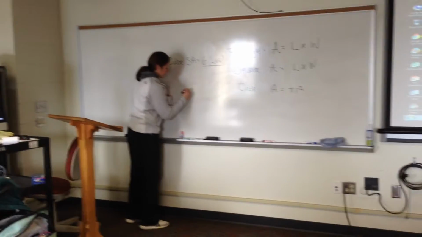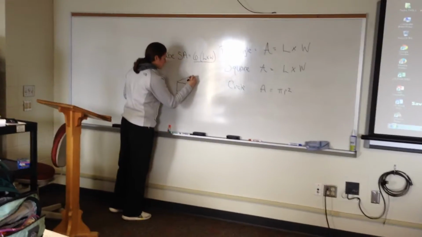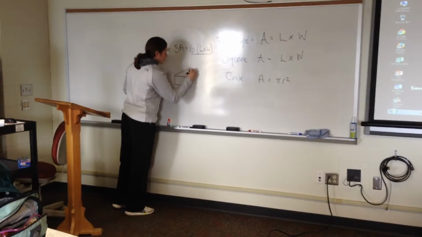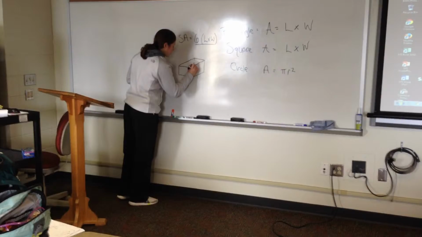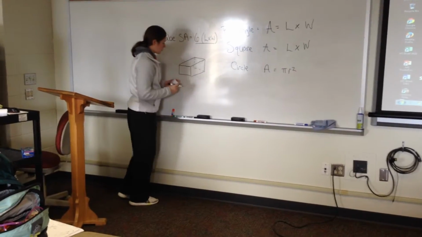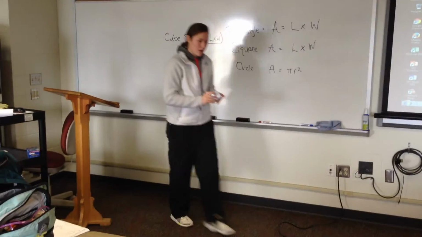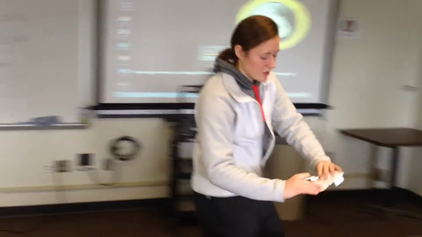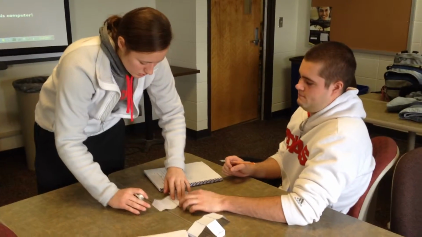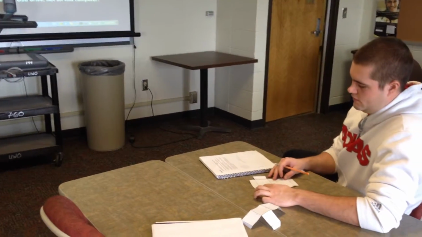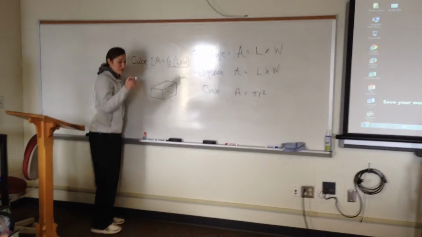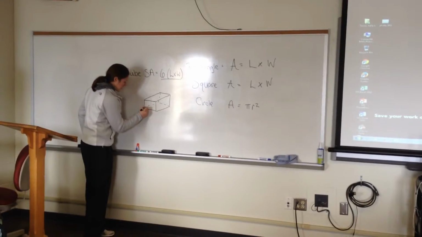I'll first draw a little picture on the board to help us. Again, how many faces do we have? 6. A rectangular prism has 6 faces, as you can see.